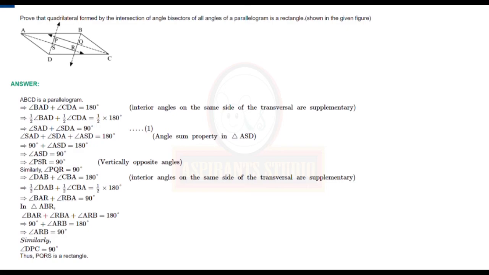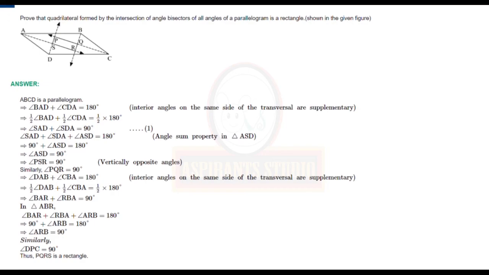Write the reason over there. Therefore, 90 degrees plus measure of angle ARB is equal to 180 degrees. See, the second equation is measure of angle BAR plus measure of angle RBA is equal to 90 degrees. That you take as the second equation.